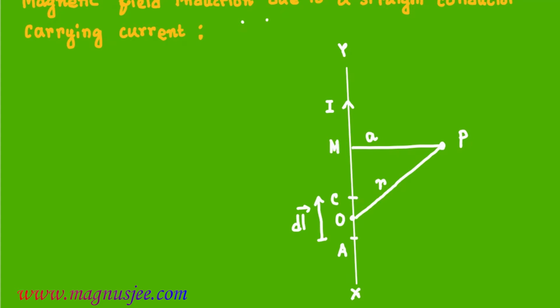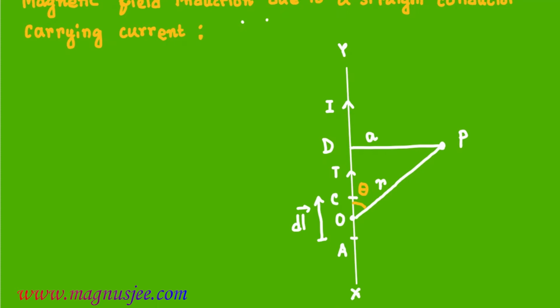The perpendicular from the point P on the conductor is PD. PD is the perpendicular and a is the perpendicular distance of the point P from the conductor. We can draw a tangent OT at O on the current element AC, and this tangent gives the direction of current at the point O. This tangent OT makes an angle theta with the oblique distance r.